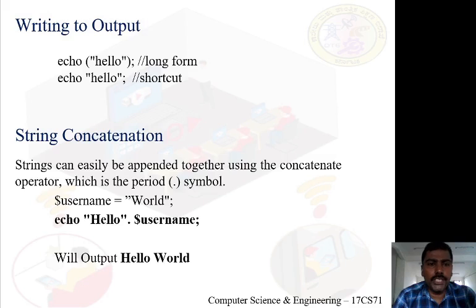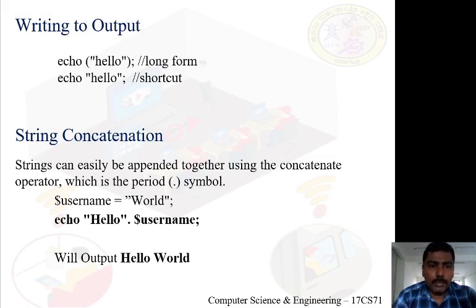So for that we have a statement known as echo. Suppose my PHP script wants to write a message, say hello. Got it? It can make use of echo in one of two forms, either echo with parentheses or just echo with double quotes.